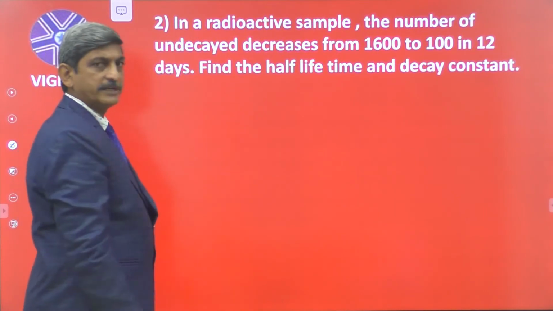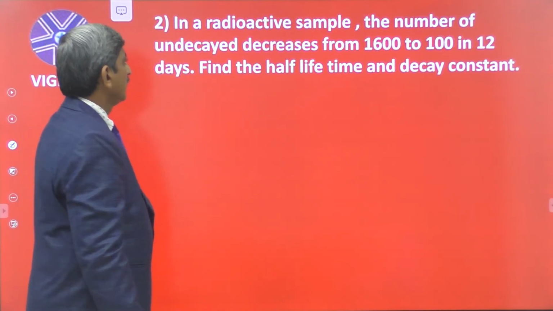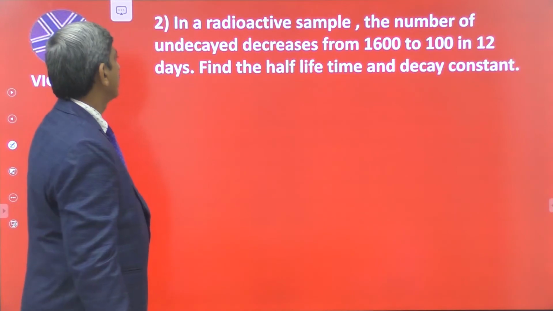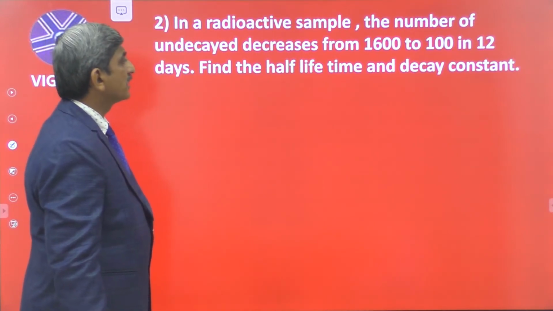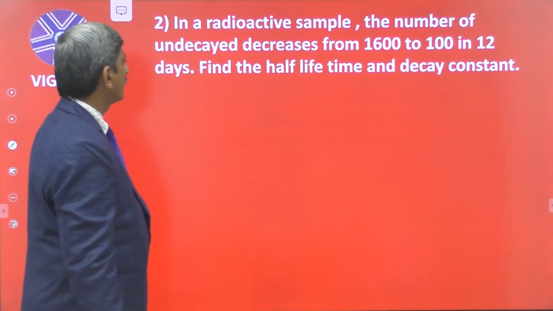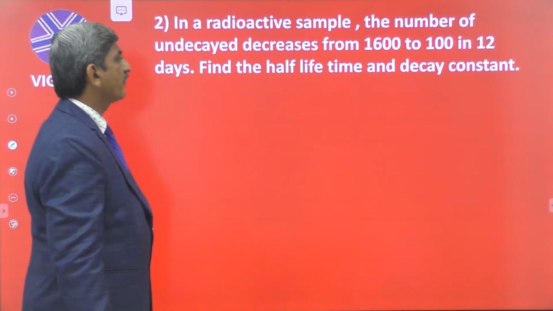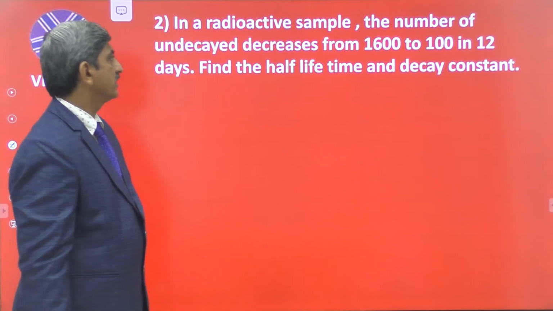Come to the next problem. In a radioactive sample, the number of undecayed nuclei decreases from 1600 to 100 in 12 days. Find the half-life time and the decay constant.